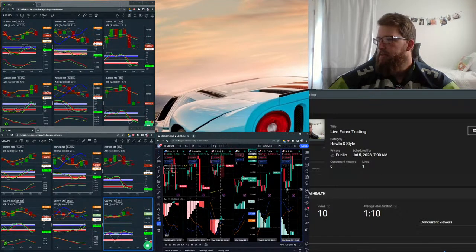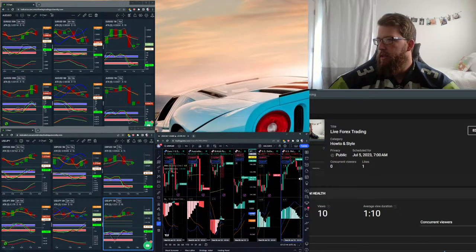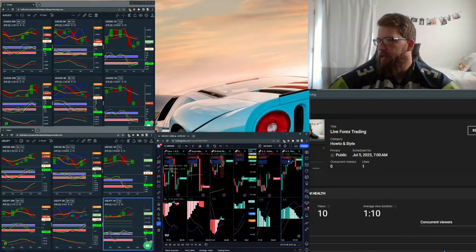Okay, we're still waiting for a possible signal on the Chief. And possibly the CAD too, but it looks like the CAD's wanting to play around with the EMA as well, as we can see right here.